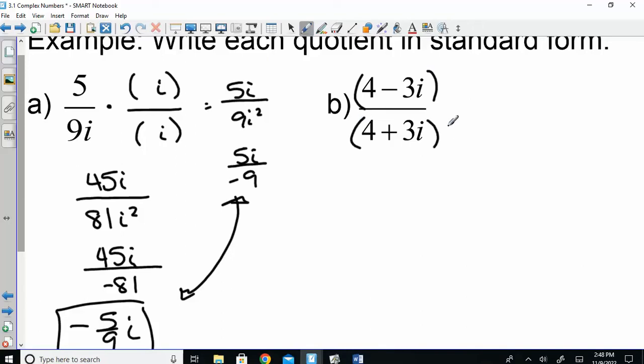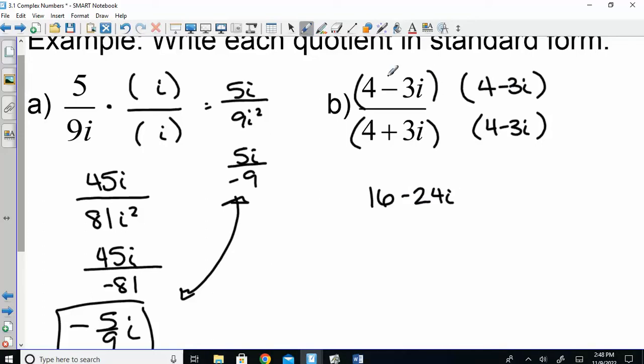B, what do we have to multiply by? So for FOIL, we get 16 minus 12i and minus 12i is minus 24i, plus 9i squared.